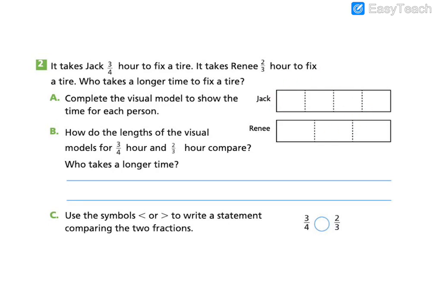We're going to fill in, for Jack, it takes 3/4 of an hour. We have our numerator here, 3, and our denominator, 4.